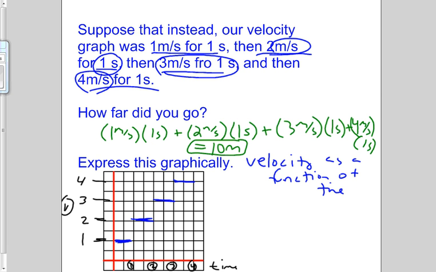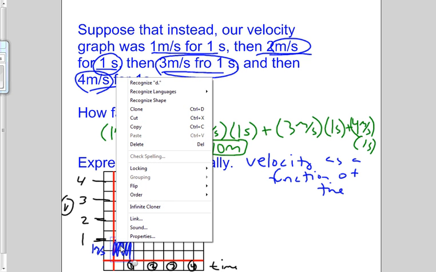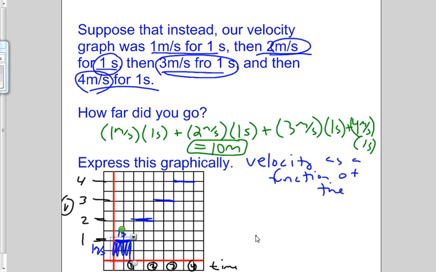Let's start off with my first area. This area right here means that I was going 1 meter per second for 1 second, and so that area represents 1.